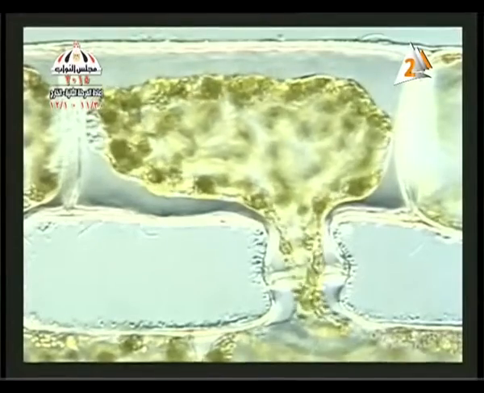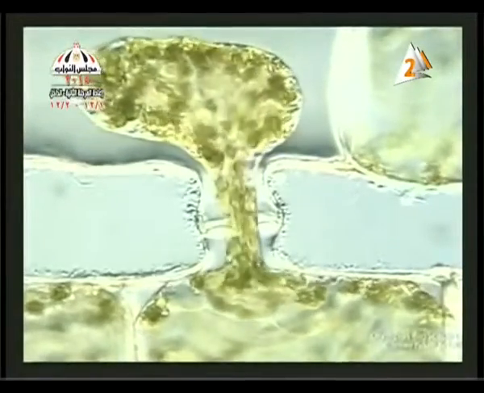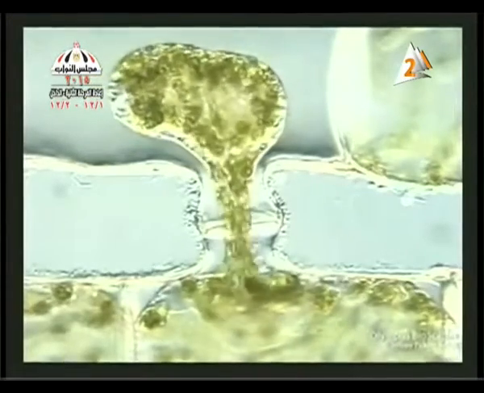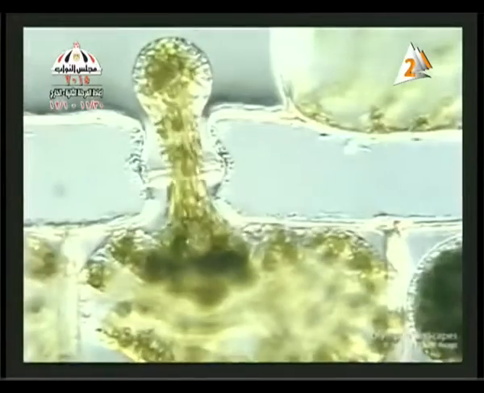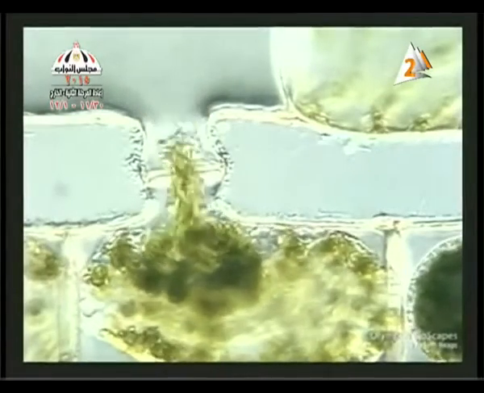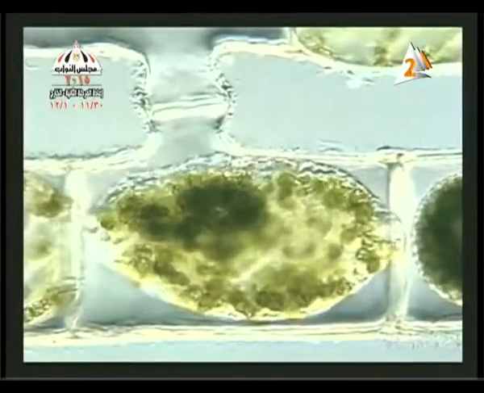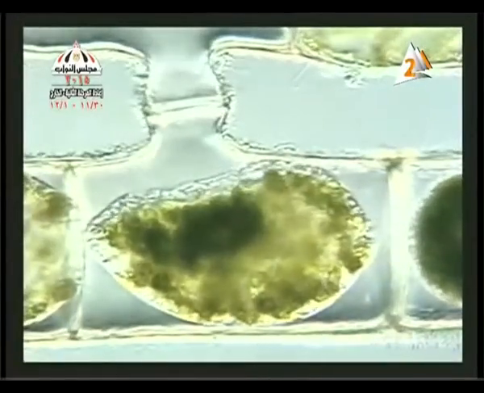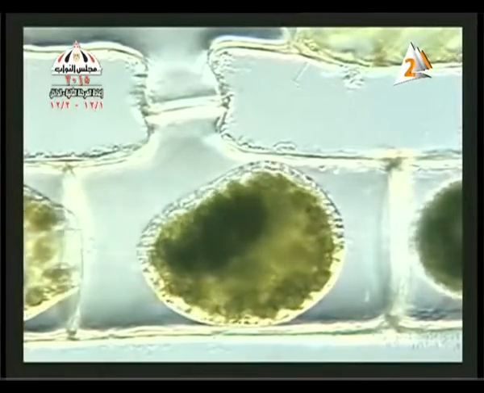When the two different filaments come near each other and contact each other, you see the protrusion grow from each one inwards between opposite pairs of cells. Then the wall in between disappears, forming a conjugation tube.